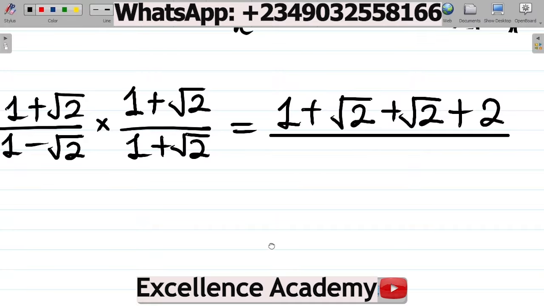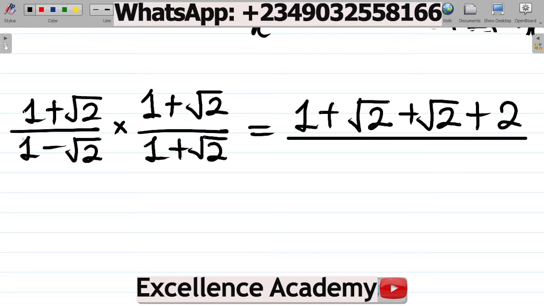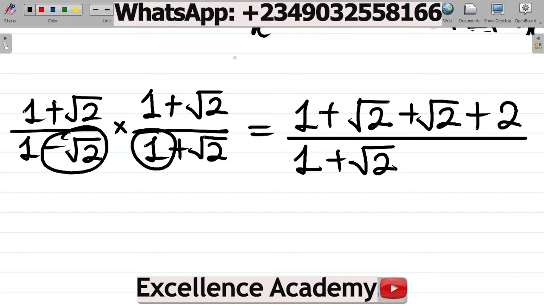For the denominator, we repeat the same concept. So I'll be having 1 times 1, that gives you 1. 1 times root 2 gives you plus root 2. Then minus root 2 times 1 gives you minus root 2.